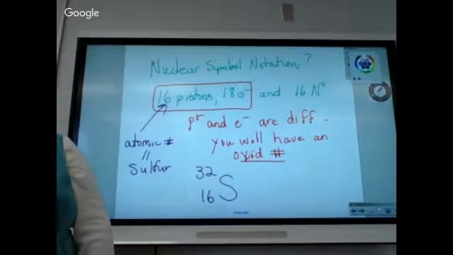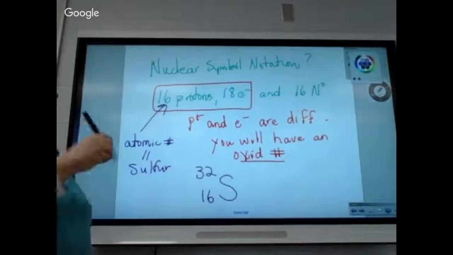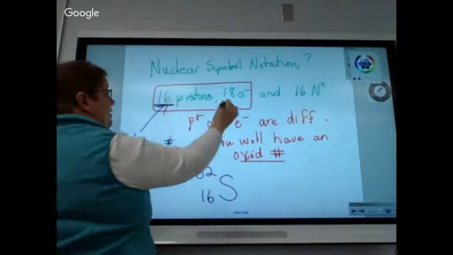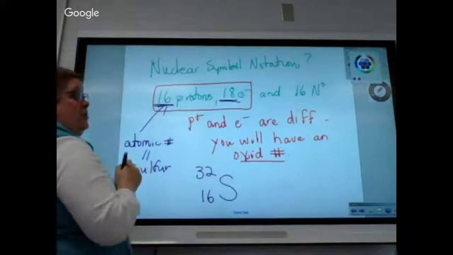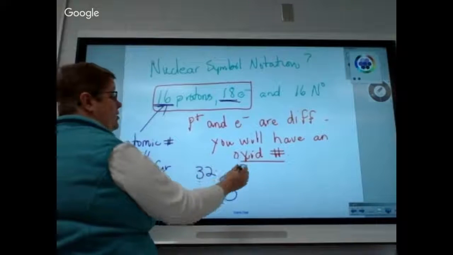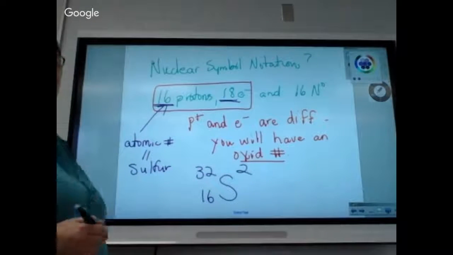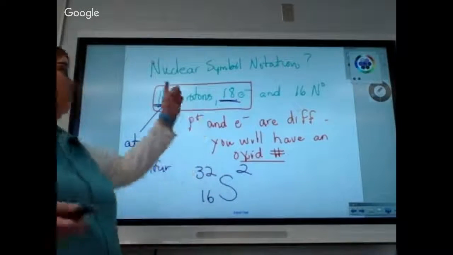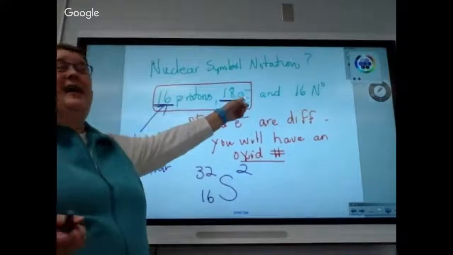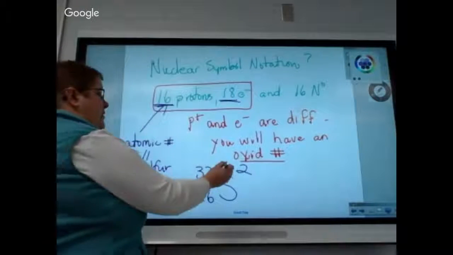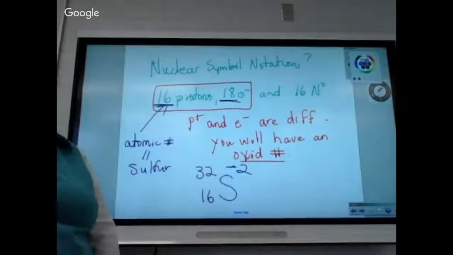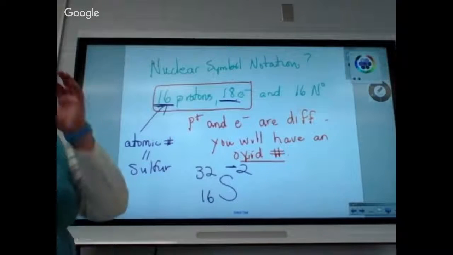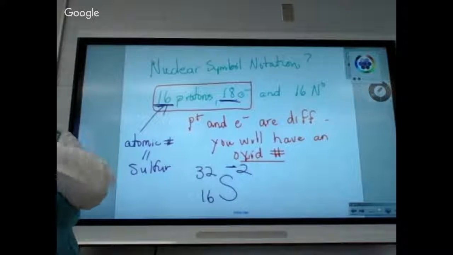All right, so protons have 16, electrons have 18, so your classmates have subtracted and got 2, right? Now, what do you have more of? Do you have more positives or do you have more negatives? That's how they get the negative sign. Everybody good? Yay or nay?